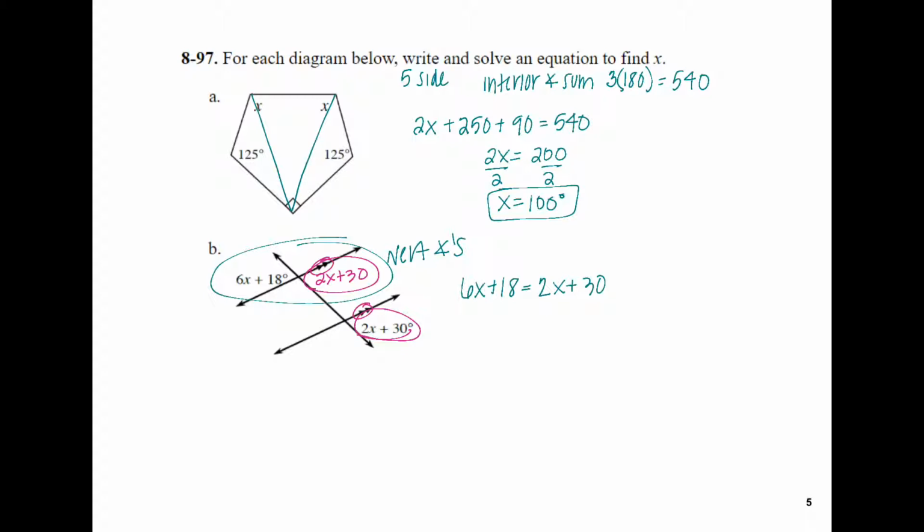Use my inverse operations, so I get 4x is equal to 12. Divide by 4, and I get x is equal to 3 degrees. Be really careful that if they ask you to solve for a specific angle other than x, that you would plug it back in.